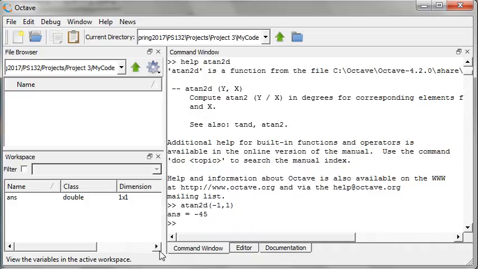So that minus 45, if I go minus 1, minus 1.